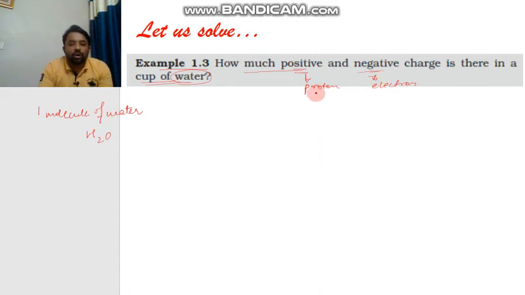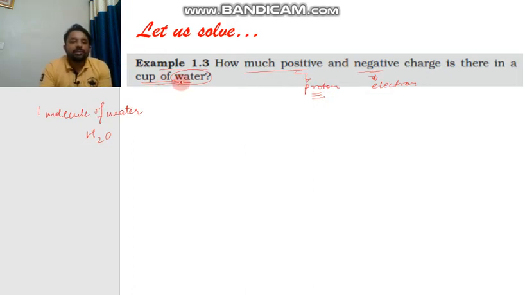When we get the number of protons, we will multiply that value with the charge on each proton, and then we will get our value very clearly. So first we have to find the number of protons in a cup of water.